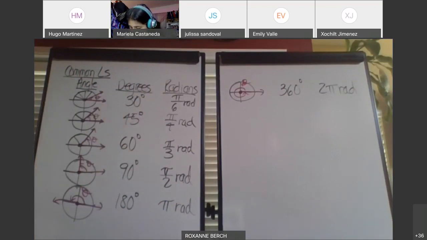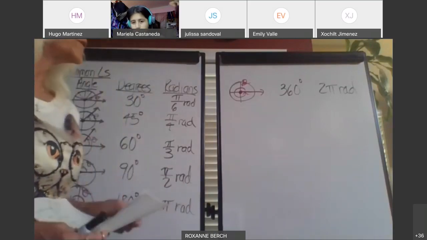Now what I want to do is look at drawing and naming an angle in standard position and stating the quadrant. I'm going to write the steps of what we're going to do over here. This is also going to be a quiz in the near future.